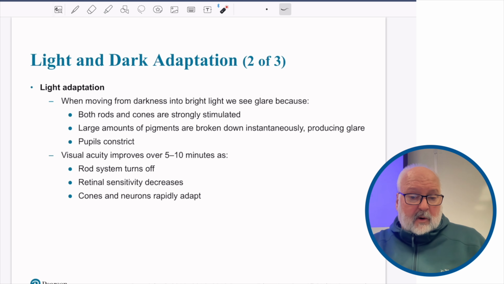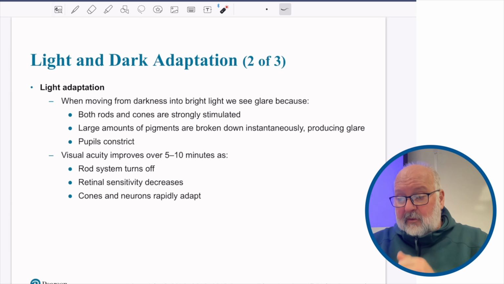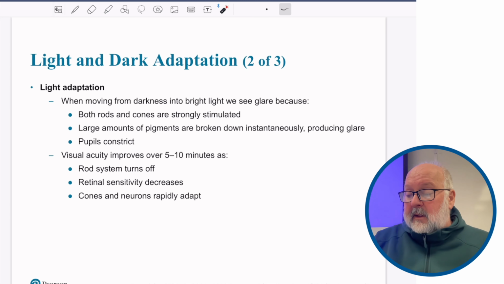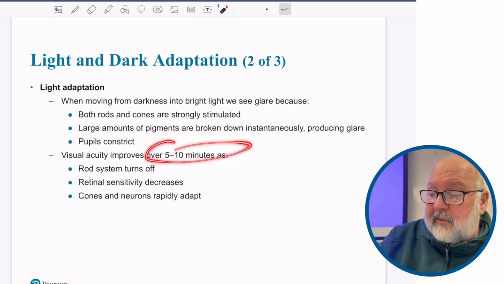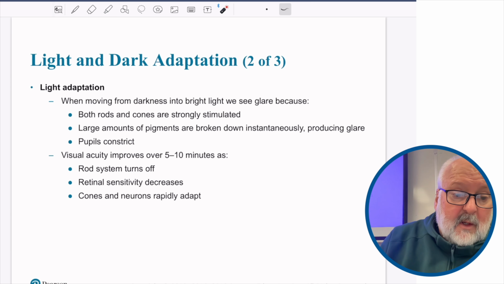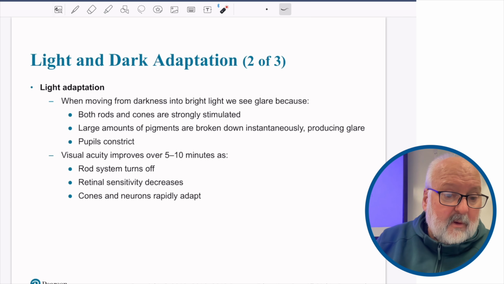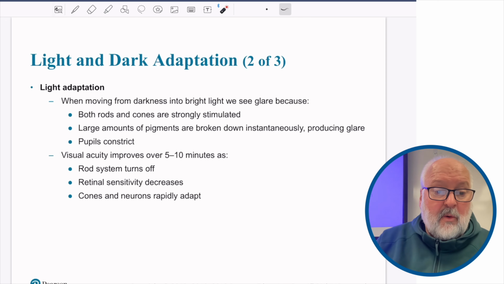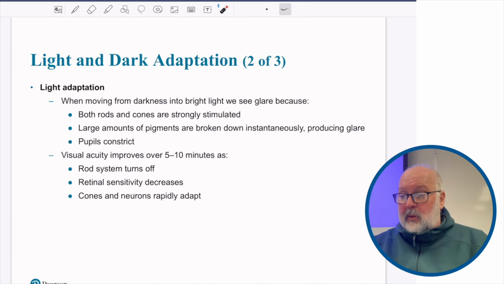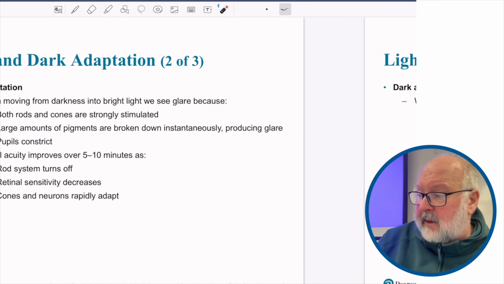One way you try to compensate is your pupils constrict. Give yourself 5 to 10 minutes and your visual acuity will improve, because the rod system turns off, retinal sensitivity decreases, and cones and the neurons rapidly adapt to allow you to now see in the bright light.